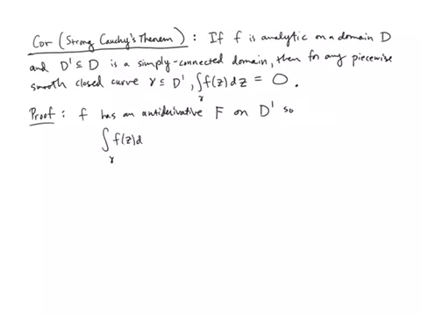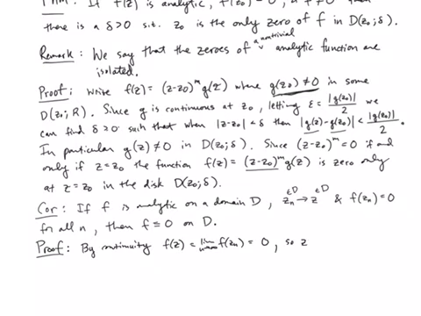Because f is analytic, so by continuity, f at z is the limit as n goes to infinity of f of z sub n, which is equal to 0. So z is a 0 of our function f, but it's not isolated.